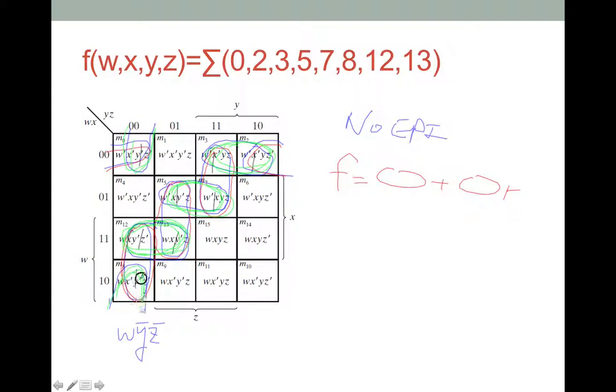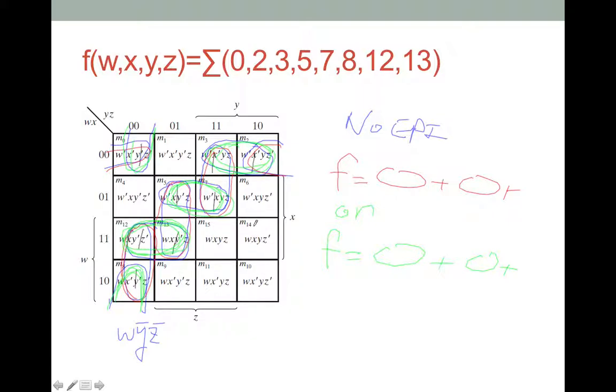By doing this, we cover all minterms, and the number of PIs we use is identical with the red ones. So we have two solutions. All those green ones ORed together is another simplified solution for this function.